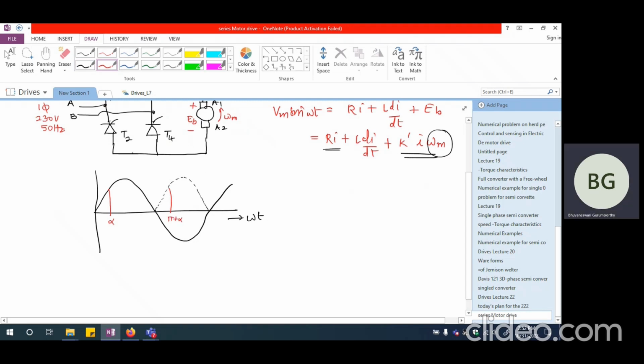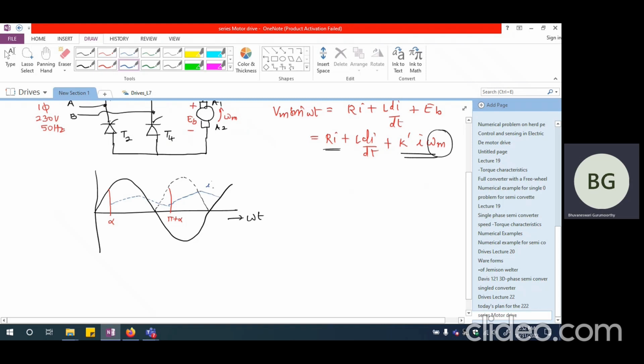And if I want to draw the current, I should know how the back EMF is intersecting with the armature voltage. But unless I know the current, I cannot draw the back EMF, because back EMF itself is dependent upon the current. So it's not going to be very easy to draw the waveform. But if I say that this is the kind of current I'm going to have, I'm just drawing the current as though this is how the current is.